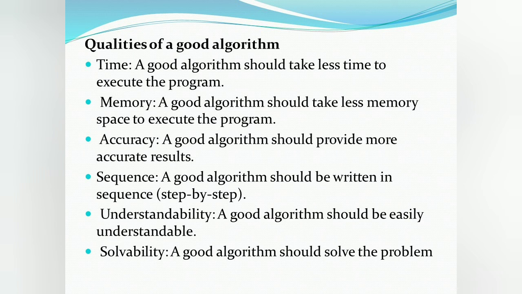Then only the algorithm is a good quality algorithm. The last factor, solvability. A good algorithm should solve the problem. The designed algorithm must solve the problem, and more often algorithms are designed to handle a range of input data to meet this criteria. So the algorithms must have solvability.